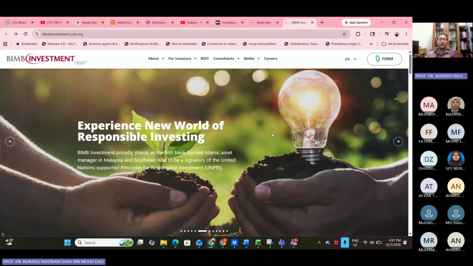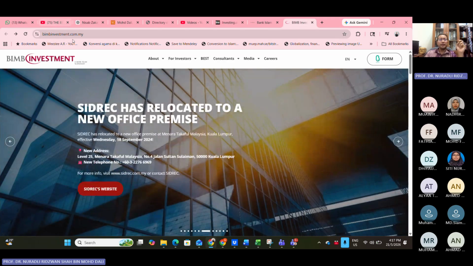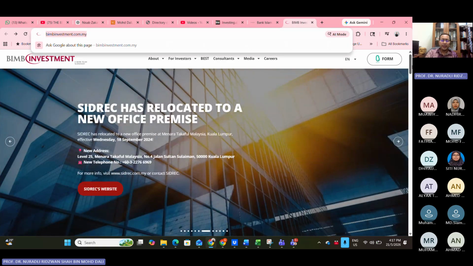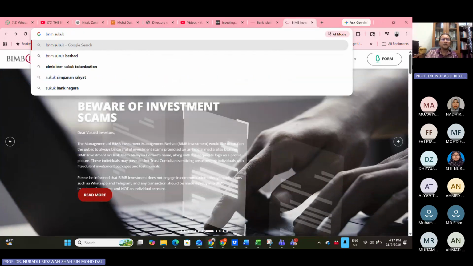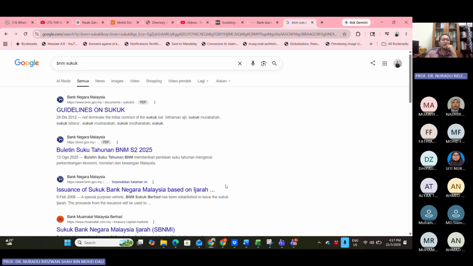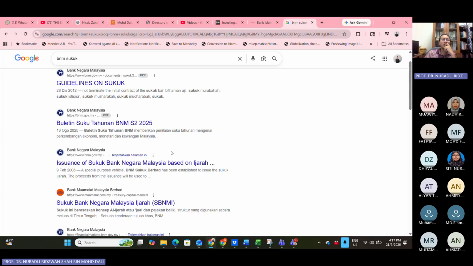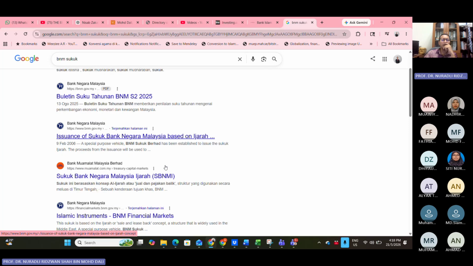This is one example. Or you can go to Touch 'n Go, or Maybank, I think also has. You can also go to Bank Negara sukuk. This is Bank Muamalat selling Bank Negara sukuk, so you can go to Bank Muamalat also.